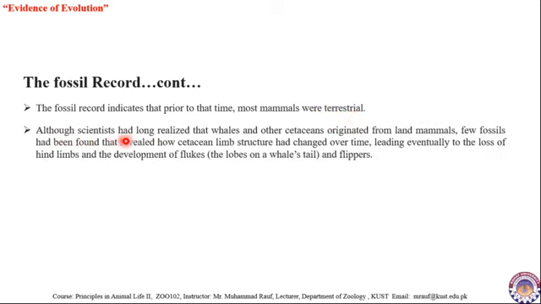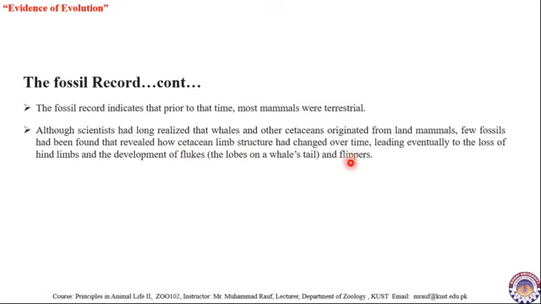Although scientists had long realized that whales and other cetaceans originated from land mammals, few fossils had been found that revealed how cetacean limb structure had changed over time, leading eventually to the loss of hind limbs and the development of flukes and flippers.